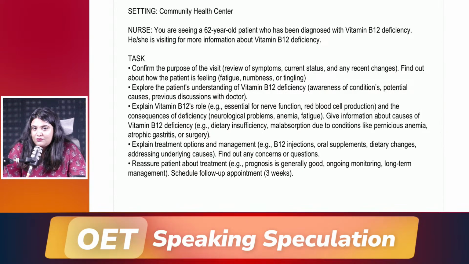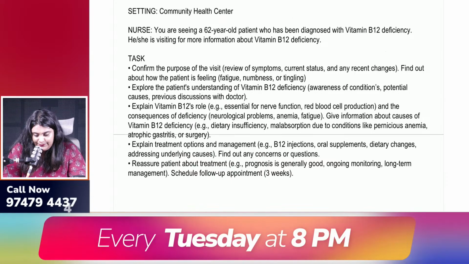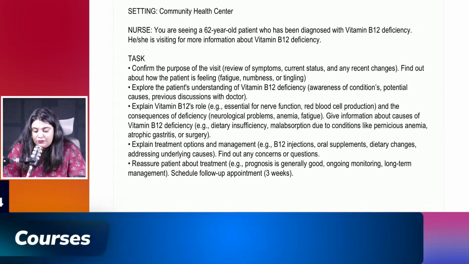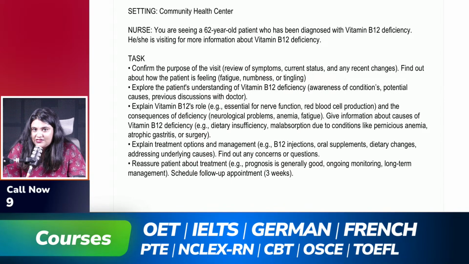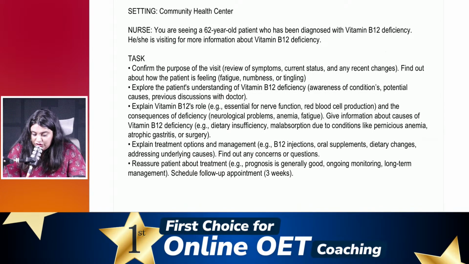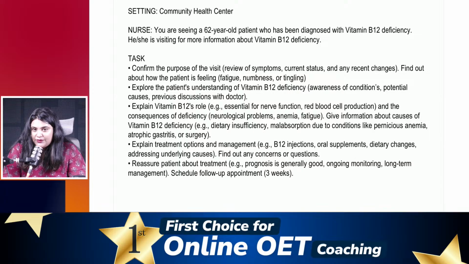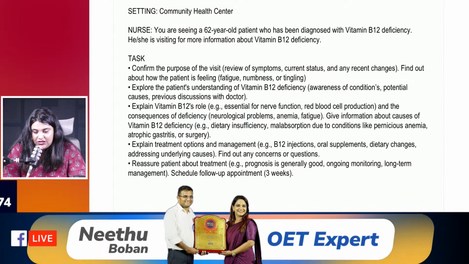So vitamin B12 is very important for the nerve function and for the red blood cell production. And there are some consequences if you have vitamin B12 deficiency. It includes neurological problems, and it can even lead to anemia and constant fatigue.